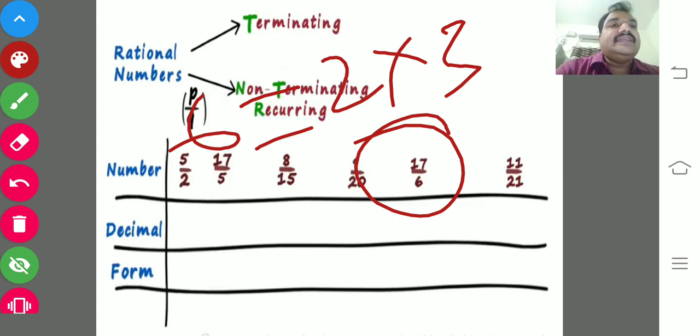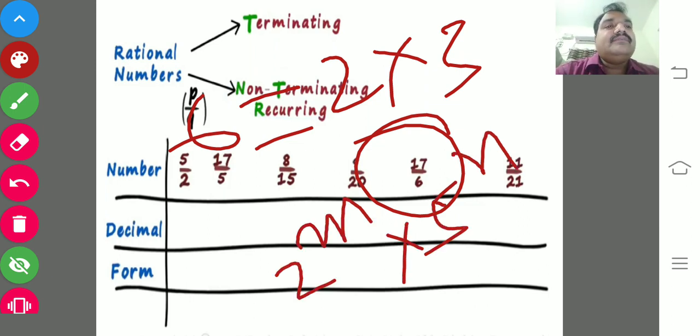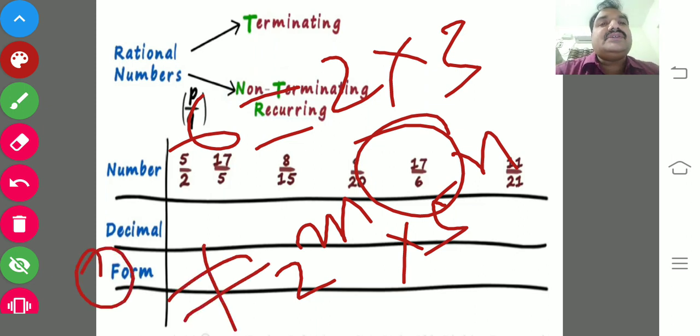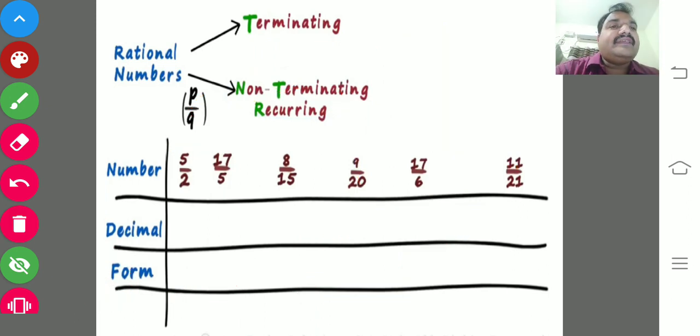So 2 into 3. So what's our rule? 2 power m into 5 power n. But the denominator q is not equal to 2 power m into 5 power n, since another prime number has taken place. So 17 by 6 is not terminating. It's non-terminating recurring, so NTR.